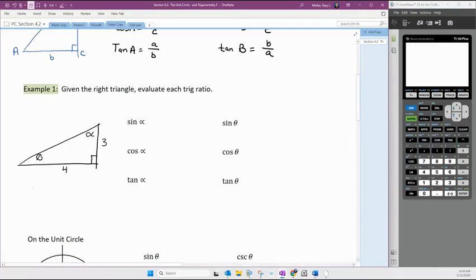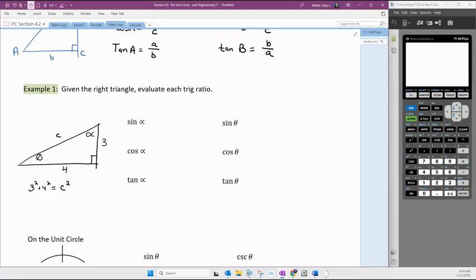Along with our trig ratios, sine, cosine, and tangent, we also don't forget about our very good friend, the Pythagorean theorem. We know that 3 squared plus 4 squared equals the unknown c squared. Make sure you know that the hypotenuse is always the one that's the biggest. Regardless of what your unknown is, the setup is the same. It's got to be the legs squared added together to equal the hypotenuse squared.